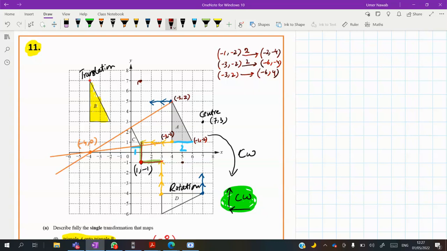Right? So all points are represented. Again, which points have I taken? -2, -4, -6, -4, and -6, 4. So I'm ready to draw the triangle.